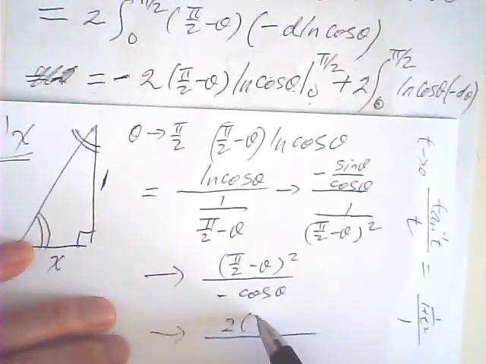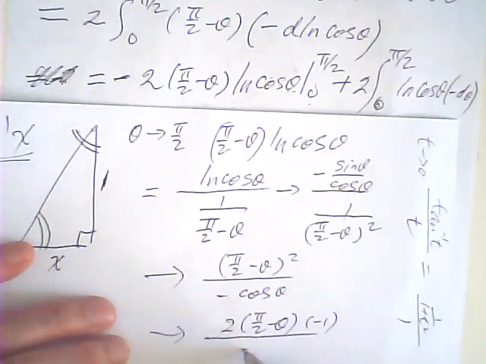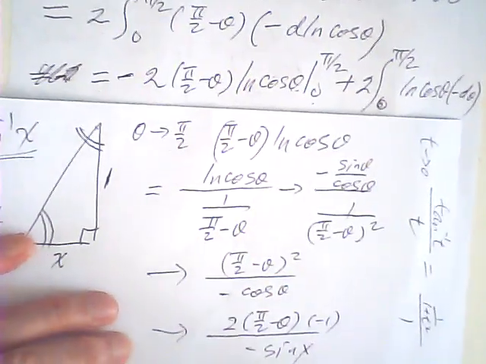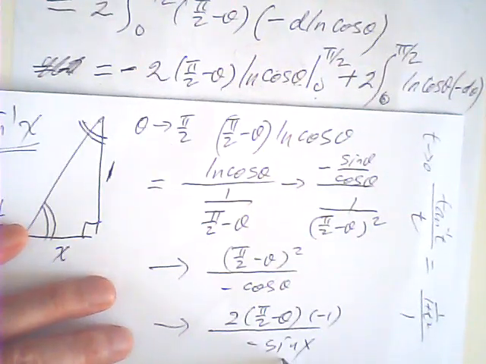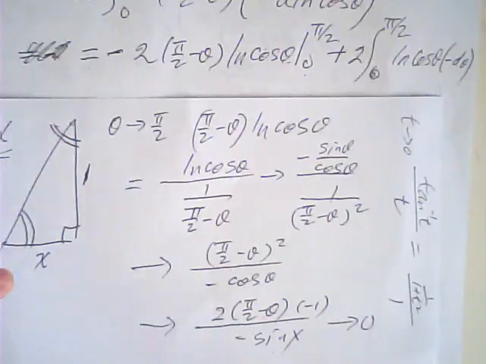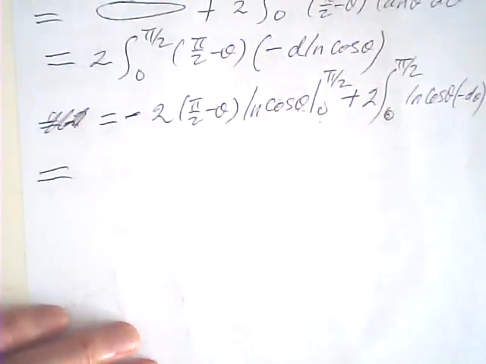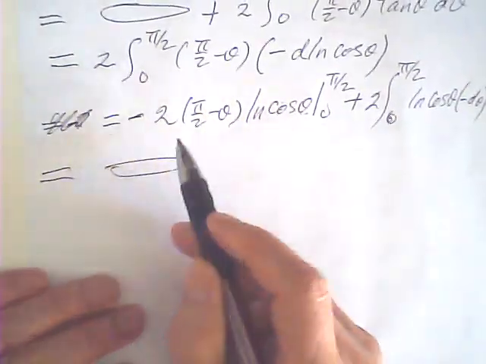So this one, 2 half pi minus theta times negative 1. This one goes to negative sine. Okay, this goes to 1, this goes to 0. So this one goes to 0. Wow. I hope I explained it well. So everything goes to 0.